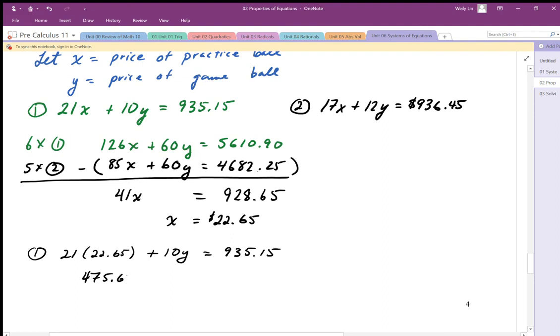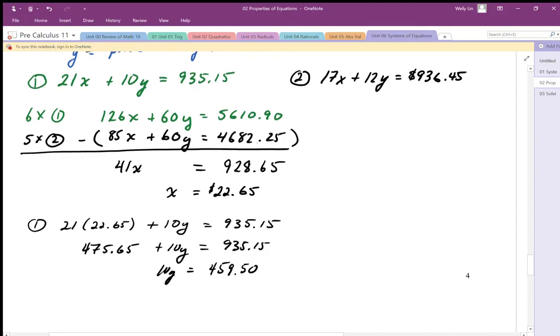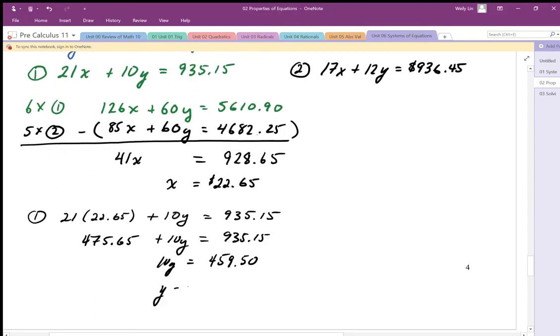That's the cost of the 21 practice balls, so the remaining costs must be for the game balls. The game balls cost $459.50 in this case.